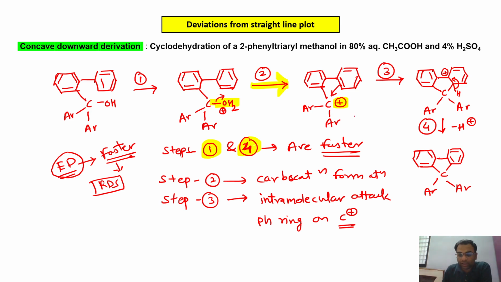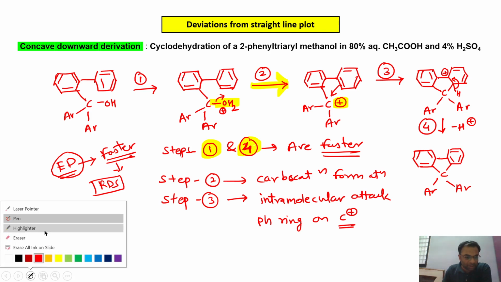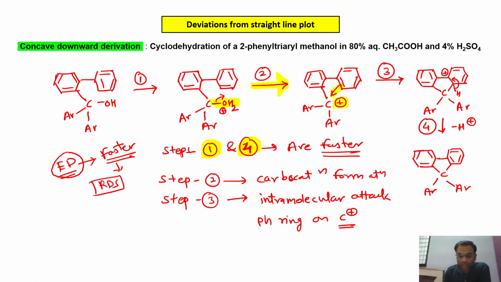Now in the third step, the phenyl group attacks the carbocation. When a strong electron donating substituent is present on this aryl system, this attack of the phenyl ring on the carbocation will be very slow.